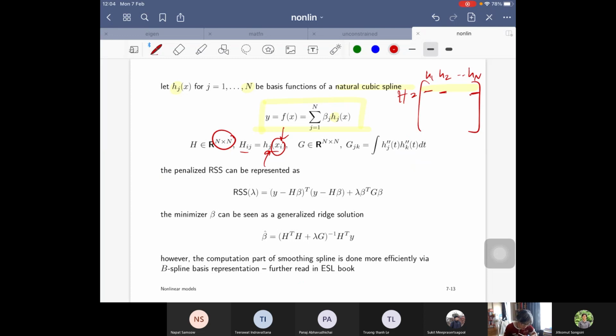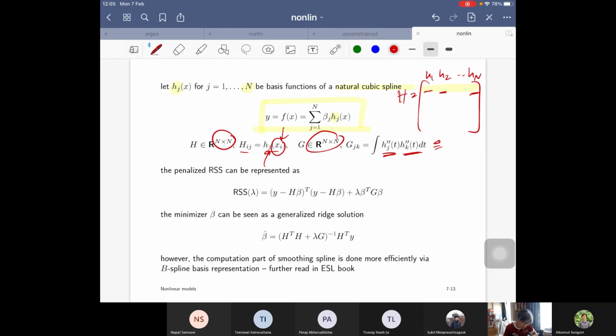Now, next, the matrix G. The matrix G is a square matrix, all right, where the jk entry is given by what? The product between the h_j and h_k basis functions, multiplied, and then integrated.